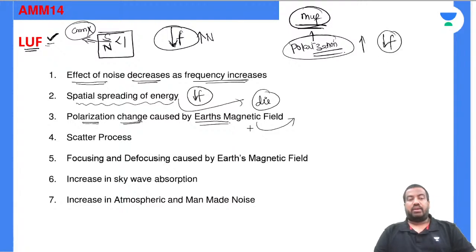So as you are trying to decrease the frequency, the impact will become more, and that again leads to loss of energy. The process of scattering will become adverse. Due to scattering, energy will decrease, and this scatter process will become more dominant at lower frequencies.